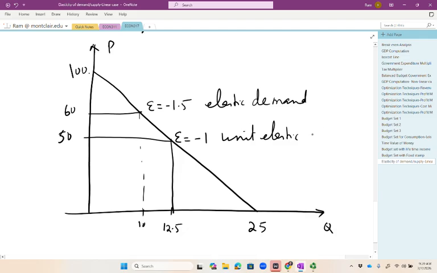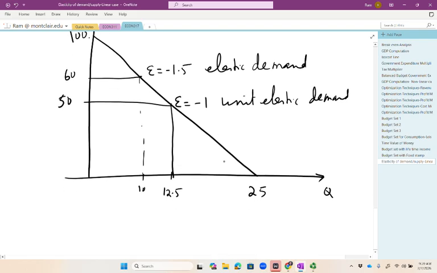So this was unit elastic demand. And now I go to the other extreme where we had taken the quantity to be 20. In this situation, the price also turned out to be 20, and we got elasticity to be negative 0.25. We call it inelastic demand.